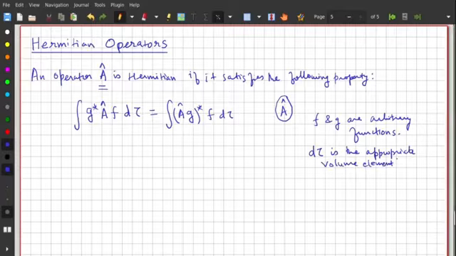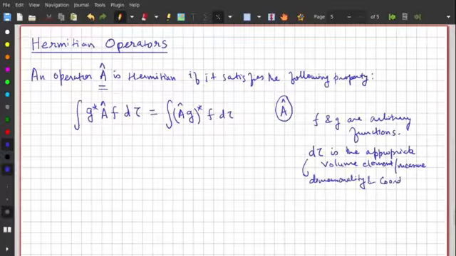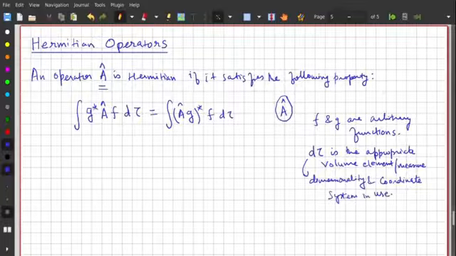The volume element is a measure that depends on the dimensionality and the coordinate system used.